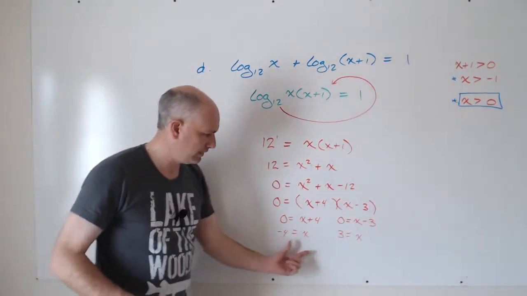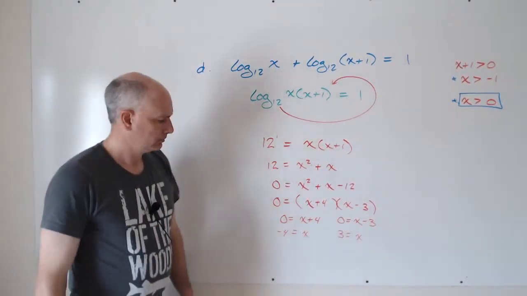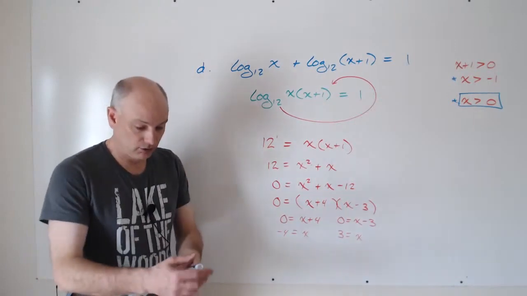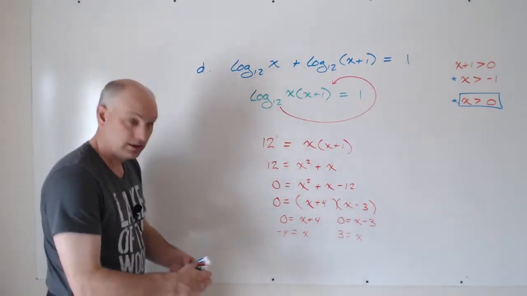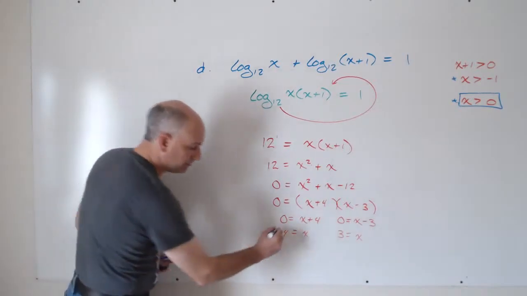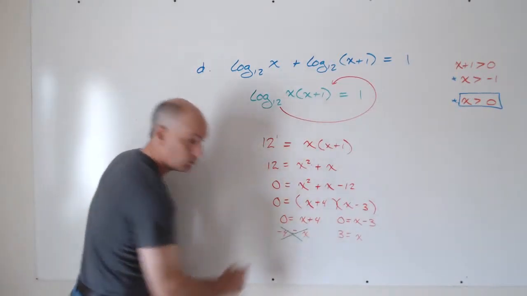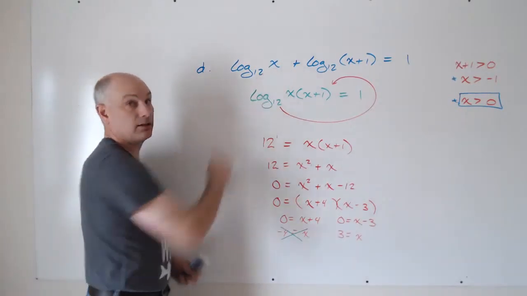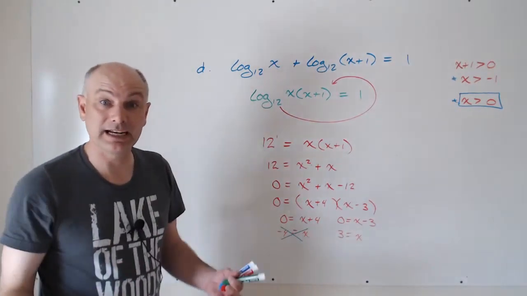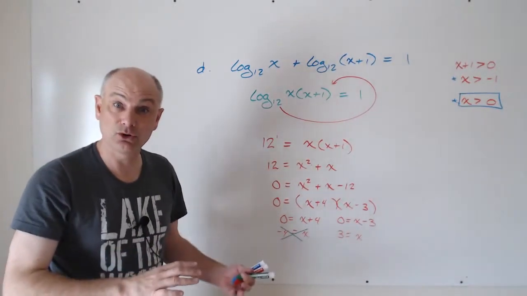Well, look at your two values. We should be able to argue here that x being negative 4 would be the extraneous solution. We cannot use it. Why? Because if I try to take log base 12 of negative 4, I would get an error on my calculator. It doesn't fit the domain.